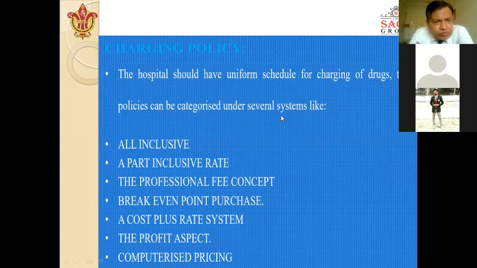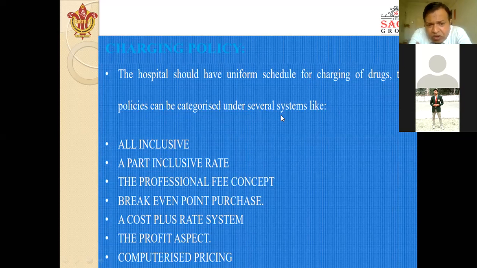Now, the charging policy of the medicine. The hospital should have a uniform schedule for the charging of drugs. The policies can be categorized under several systems, like all inclusive. Your treatment is inclusive.